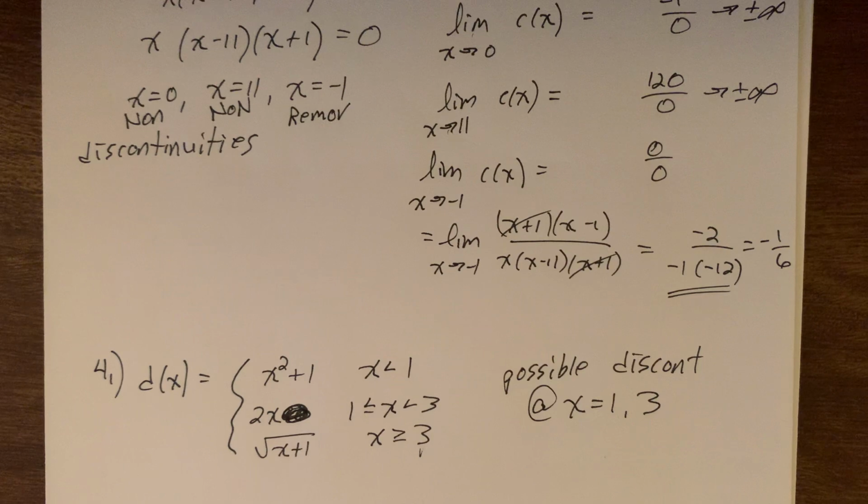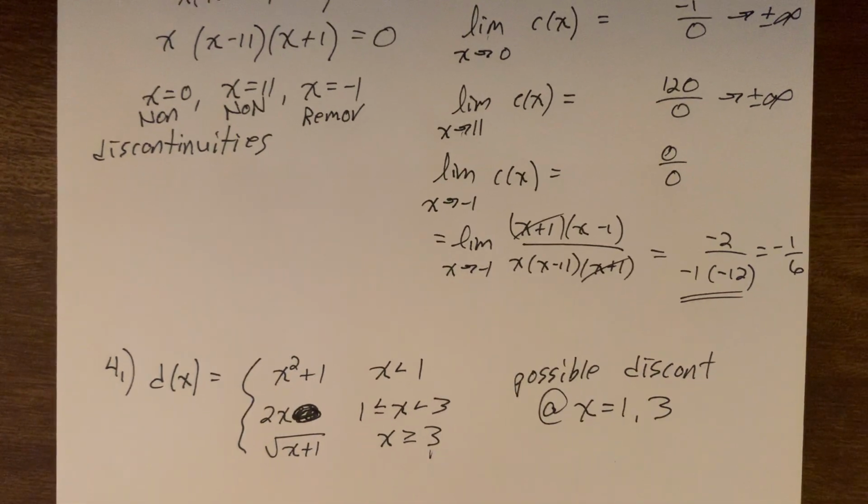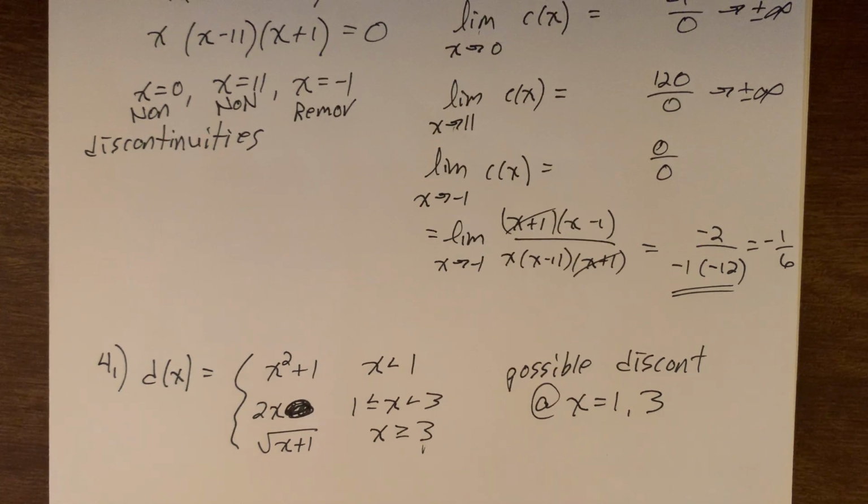Some people just assume that those are discontinuities and then say D is continuous from negative infinity to 1, from 1 to 3, then 3 to infinity. But even if that was correct, if you don't give me work, and on a test work must be included to justify and support your answer, that's not enough. Again, these are only possible discontinuities.